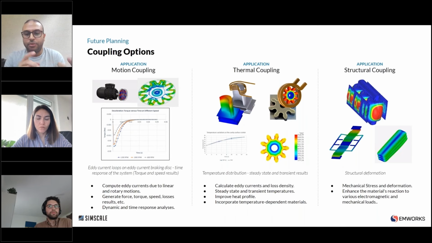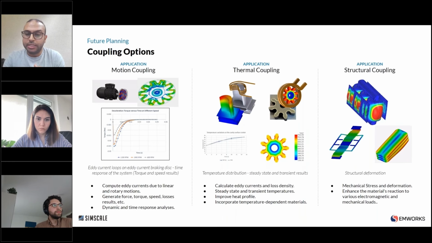It's helpful for motor applications, generators as well, and for power electronic devices, like flyback transformers, inductors, and so on. And it's important to use a circuit to couple between the system and the magnetic problem, so you have more realistic inputs and more realistic results. So these are some of the available modules.